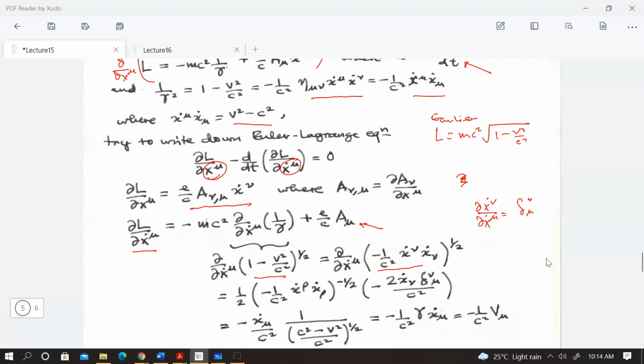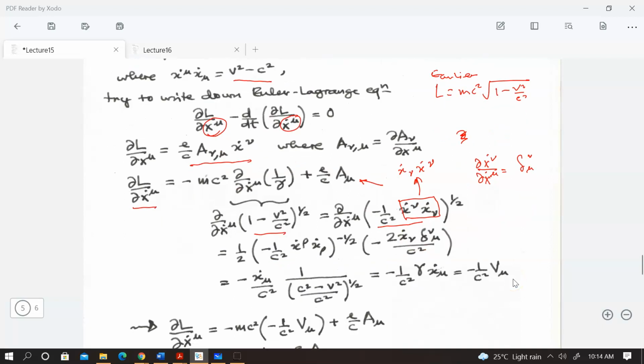But remember that so far we are only differentiating that. You should also differentiate that. Okay, but I can really rewrite this as x dot mu x dot mu. So in other words, this product will give you twice this kind of term. Okay, let me do this. I hope it's clear.